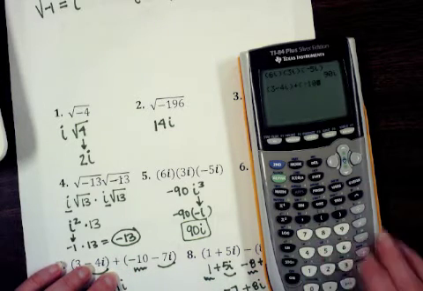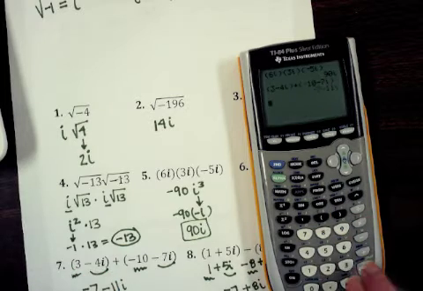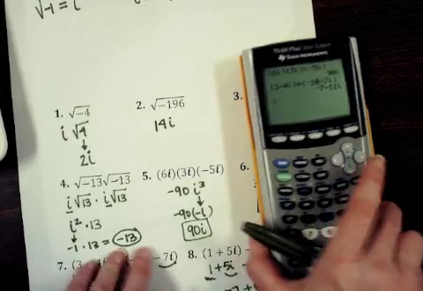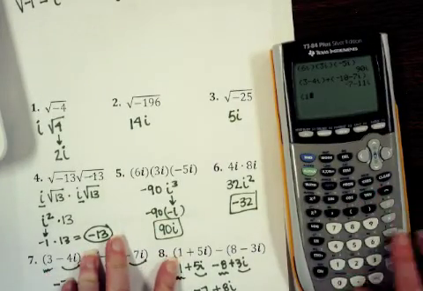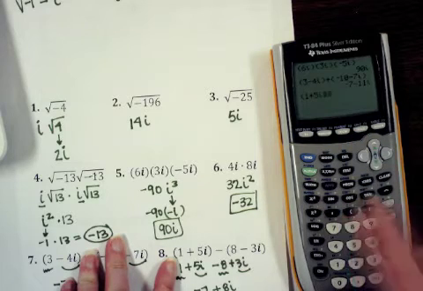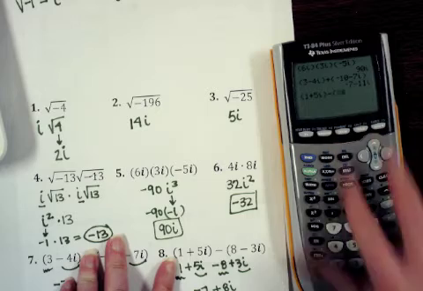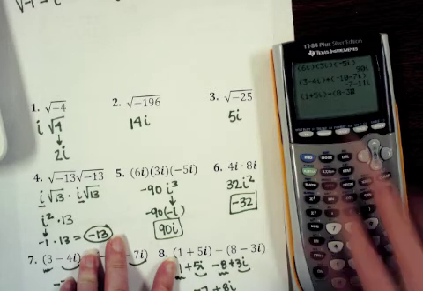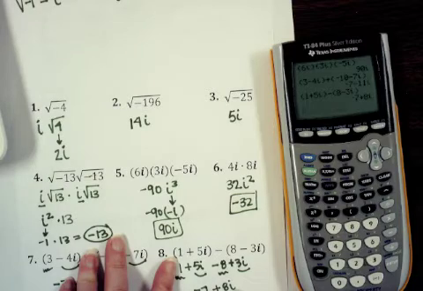Negative 10 minus 7i, and you get negative 7 minus 11i, and that's what we got. Alright, and then number 8, you would do 1 plus 5i minus parentheses 8 minus 3i, and you get negative 7 plus 8i.